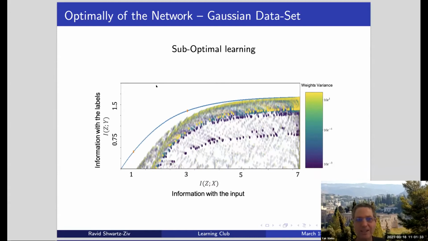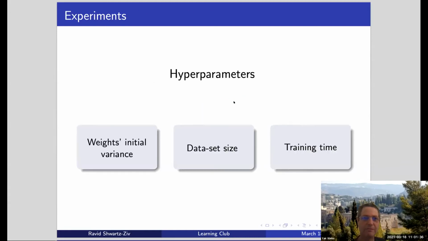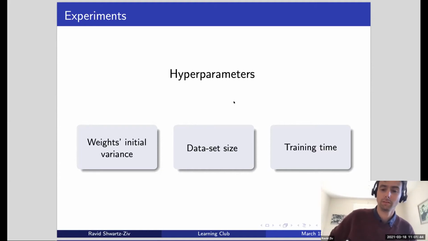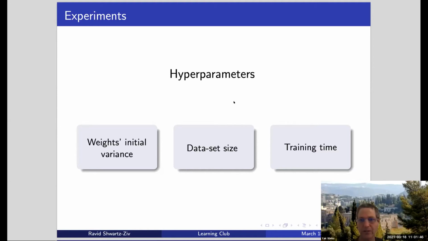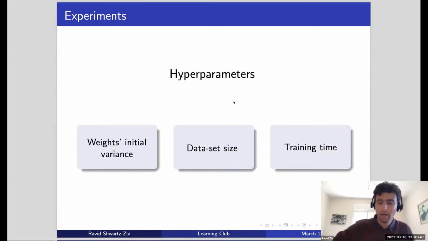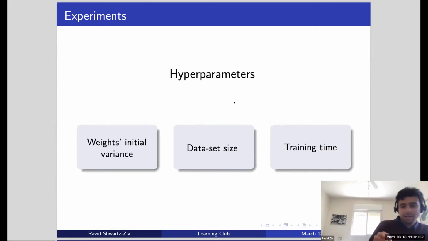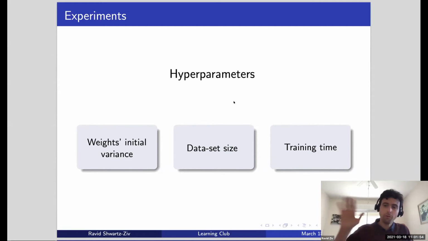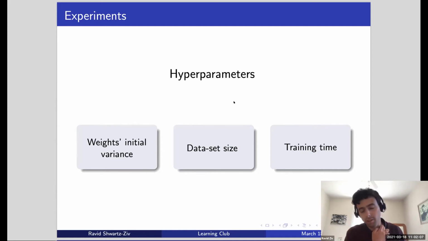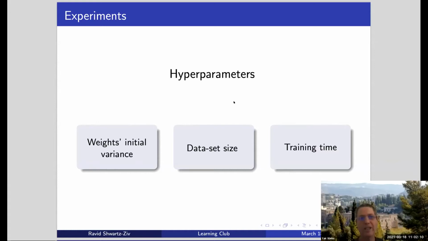Ravid, can I ask a question? Yes. So the NTK and the NNGP will depend on the architecture. Right. Yes. Not just on all these hyperparameters, but you have a very different kernel depending on the architecture. Okay. So I said that if we fixed the architecture of the network, we played only with these hyperparameters.